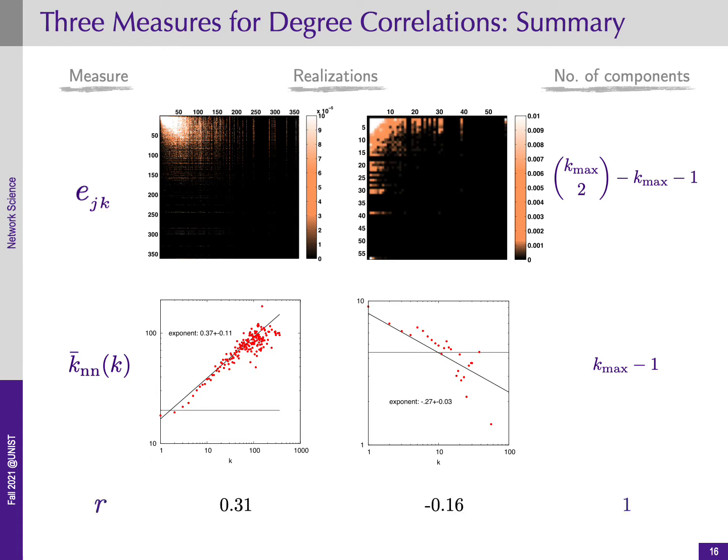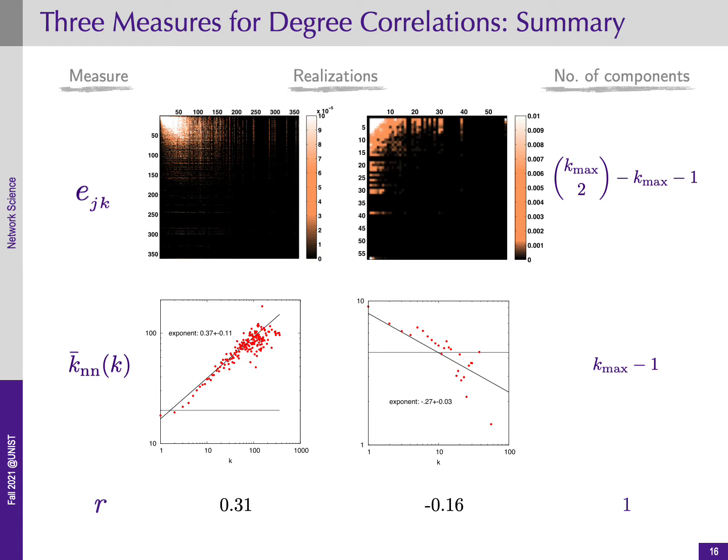As the third measure, we learned the Pearson correlation coefficient r. Some people call it just simply assortativity. This number is limited between -1 and +1 because it is normalized. And it's very handy and simple. It's the simplest out of the three, but the simplicity comes at the cost of the information that is retained in the previous two measures.